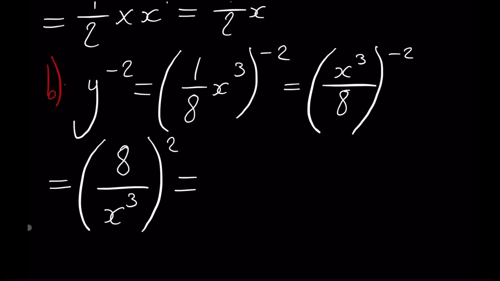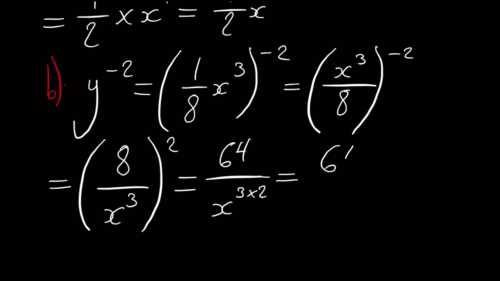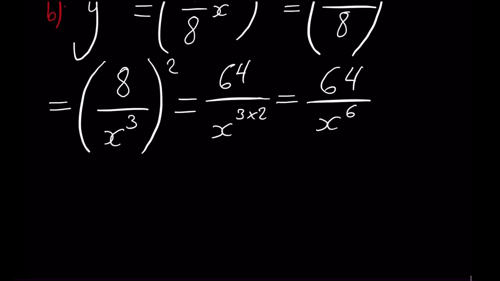8 squared is 64, and then x cubed raised to the power 2 is equal to x cubed times 2, which is equal to 64 over x raised to the power 6. And we can obviously rewrite this as 64 times x raised to the power -6.